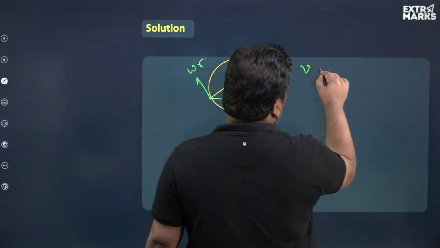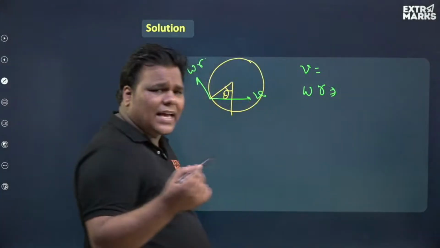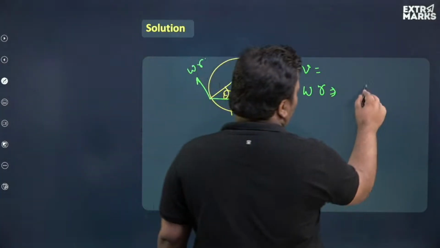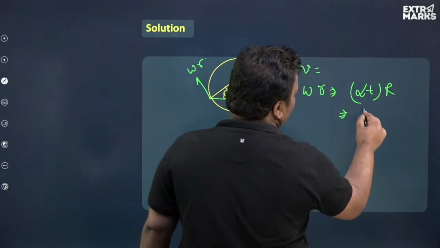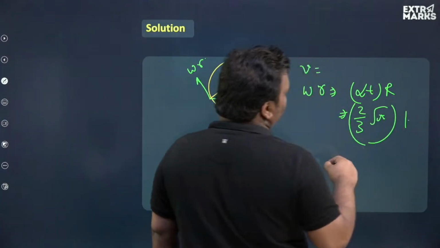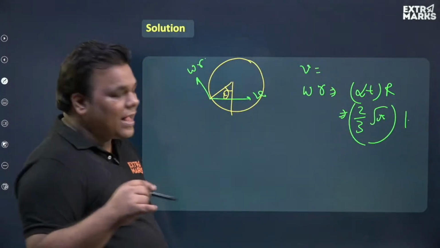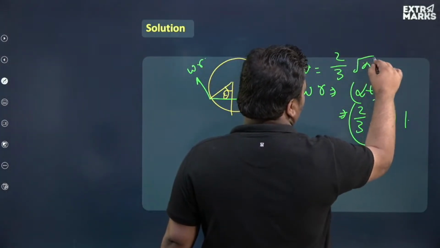What is v and what is omega r? Omega I can easily calculate now. Omega will be alpha t, into r. Alpha is 2 by 3, t is root pi, r is 1. That is the velocity, and the other will be the same.